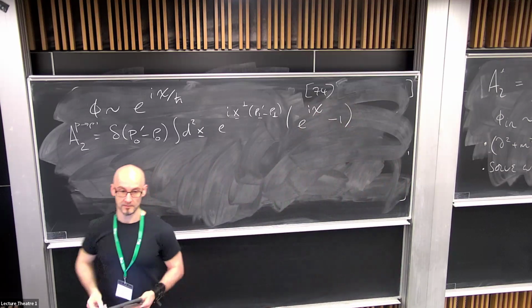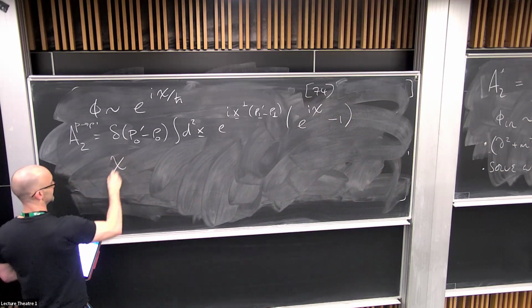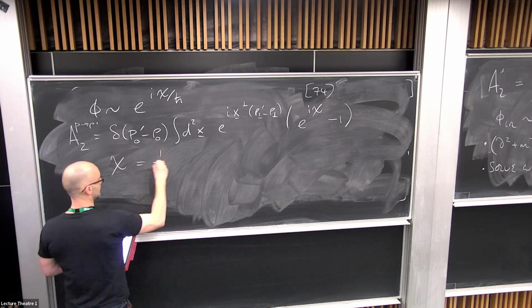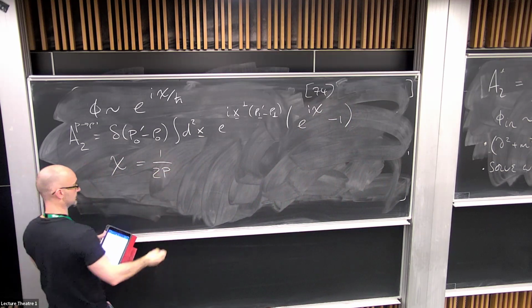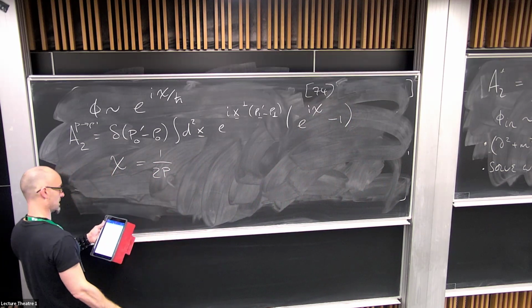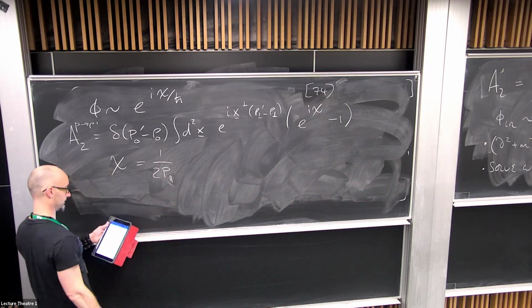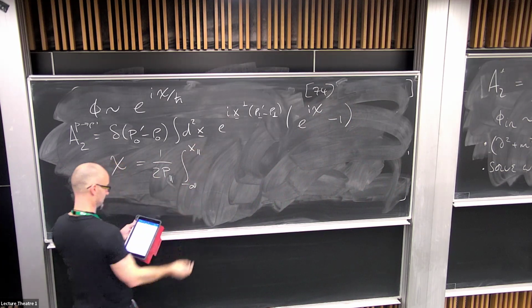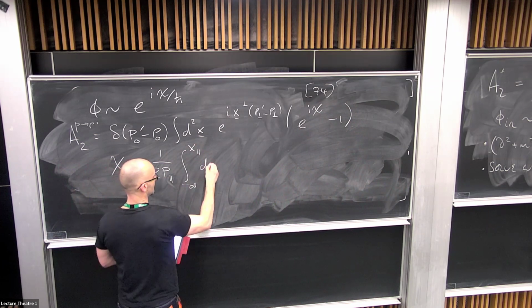Then chi is, this is all done to lowest order in h bar, etc. One over 2p parallel, the integral from minus infinity to x parallel of dz.